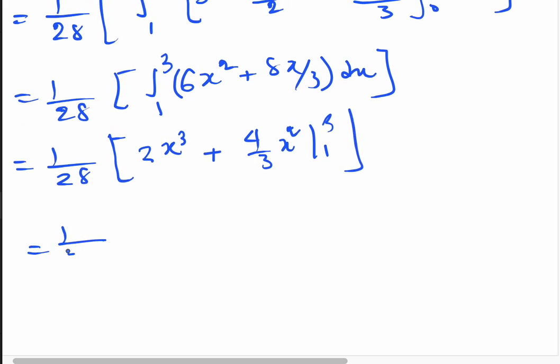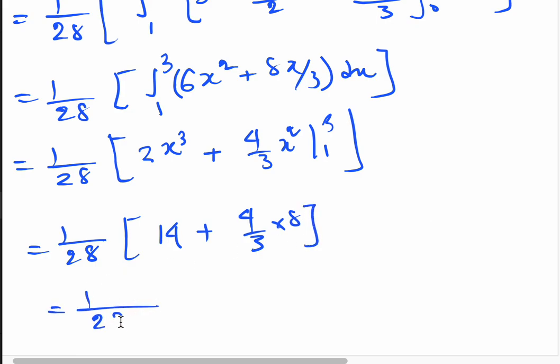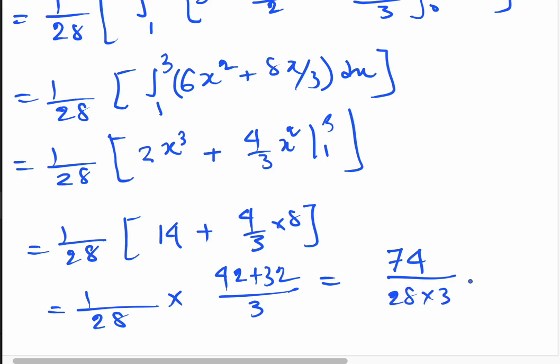So this will be 1 by 28. First term will be 8 minus 1, 7, 14 plus 4 by 3 and 8. So 1 by 28 into 42 plus 32 by 3. So this is 42 plus 32, it is 74 by 28 into 3. This will be 47 by 21.